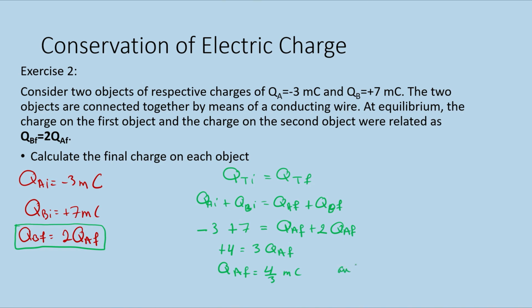And QB final, which is equal to 2QA final, is equal to 2 into 4/3, which results in 8/3 millicoulombs.